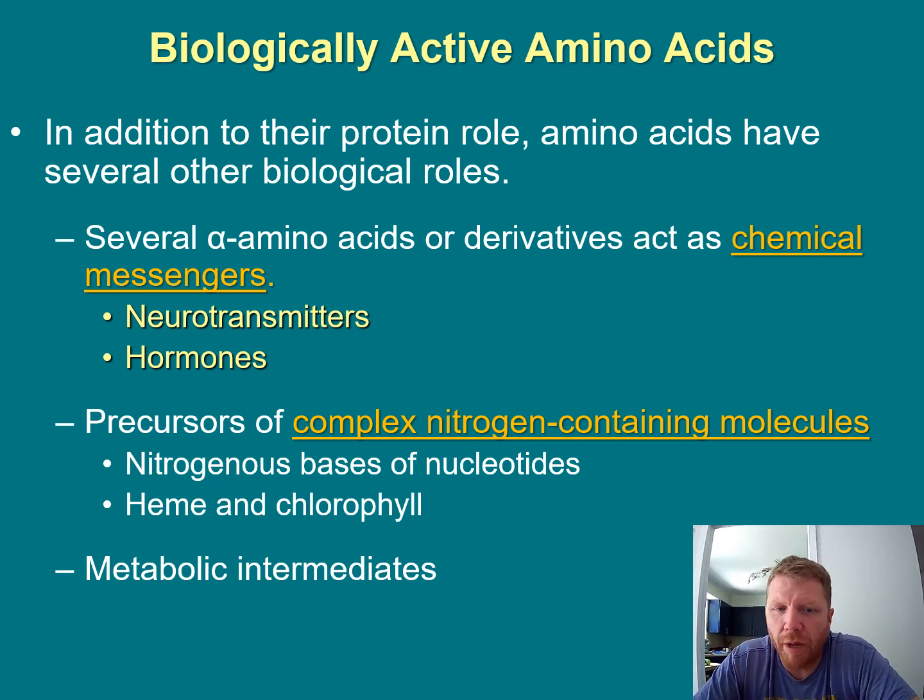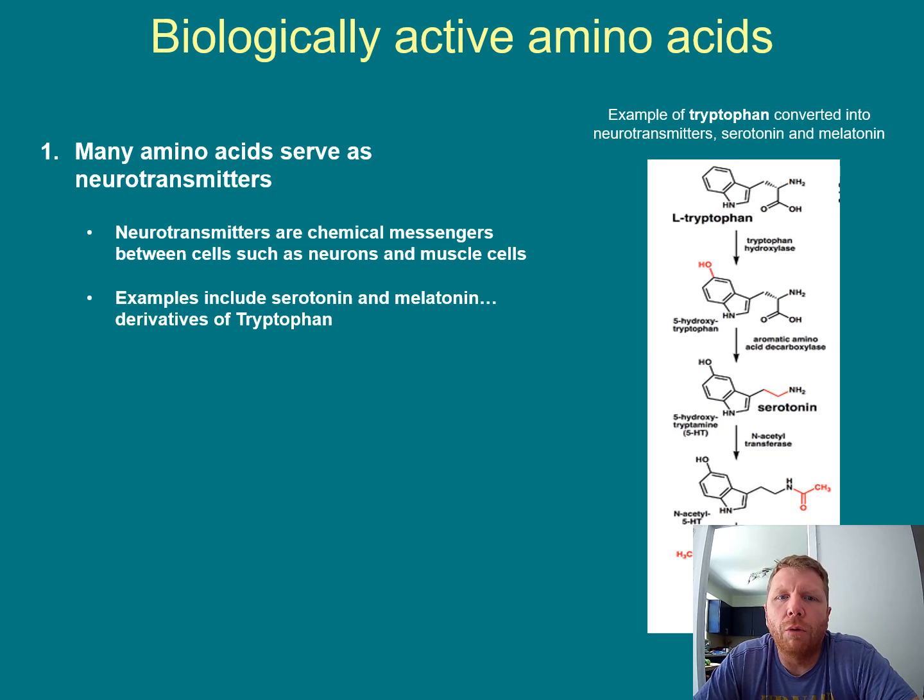They're also metabolic intermediates, and so they provide a number of different roles beyond just being building blocks of proteins. So, biologically active amino acids, which I mentioned a moment ago: tryptophan here is utilized through a series of steps to make melatonin.